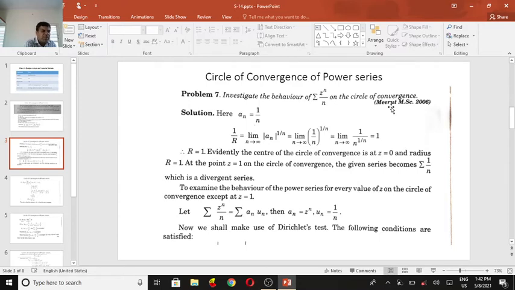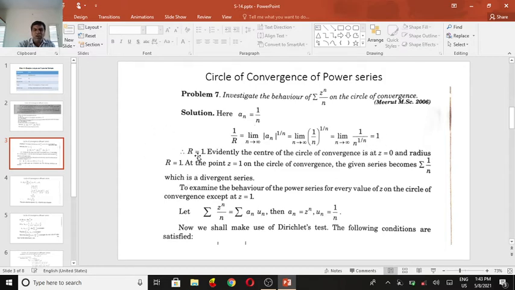We know the standard limit: limit n tends to infinity of 1 by n to the power of 1 by n is equal to 1.